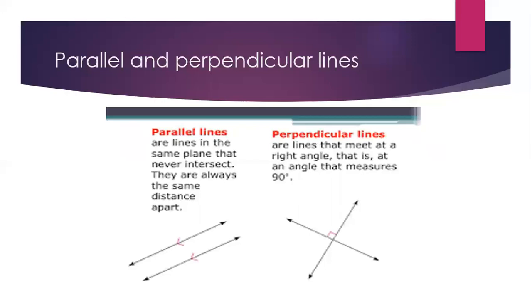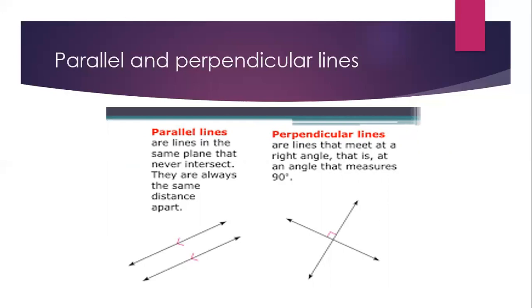Parallel and perpendicular lines. Parallel lines are lines that are in the same plane that never intersect. So if you think of the idea of train tracks, or on a road you have a left lane and a right lane. The left lane and the right lane of a road never cross. The left lane is the left lane, the right lane is the right lane.